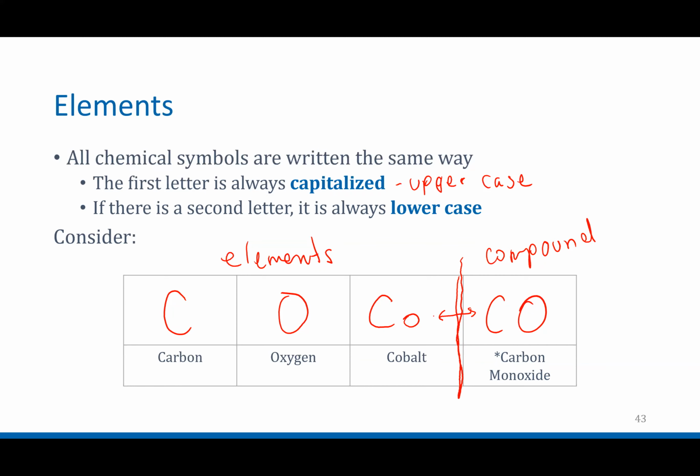If you write capital C, capital O, because they're both uppercase letters, you're telling me that these are 2 elements together, which makes a compound, and it's carbon and oxygen. We call that carbon monoxide. We'll learn how to name compounds a little later in this course. And in the chat, Aman asked the question, what about carbon dioxide? That counts too. Carbon dioxide would be CO2.